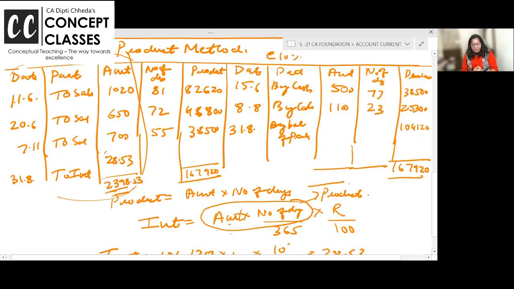Try it: 1020 plus 650 plus 700 plus 28.53. Then 2398.53 minus 500 minus 1100 gives 798.53, the amount by which the balance is carried down.